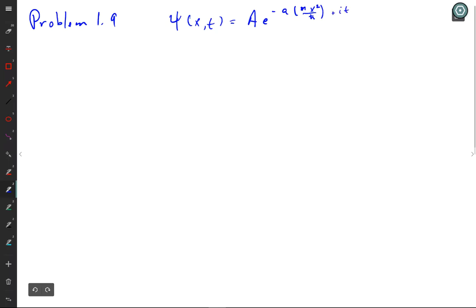Okay, that's what they give us for the wave function. I would be more prone to write it like this, just because I like to get the... is it a minus 7? I think the A is in front of the whole thing.